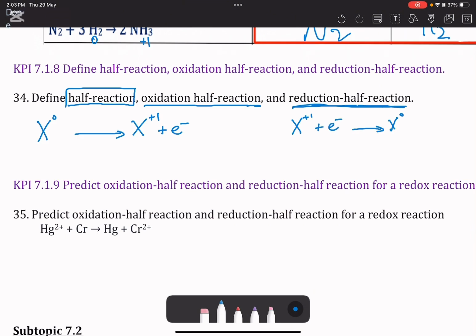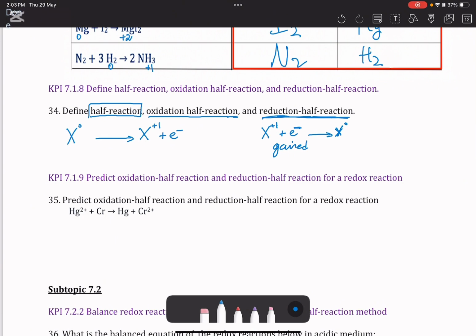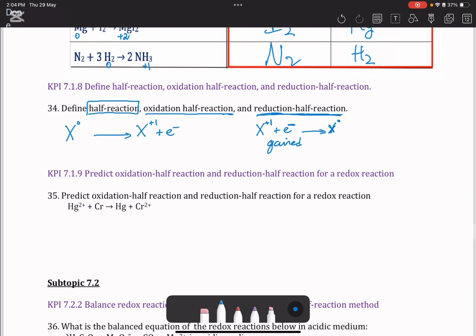Why? Because we added an electron to X plus, it gained an electron. So the oxidation number dropped. So a reduction half reaction is a half reaction in which a species gains electrons and decreases in the oxidation number.